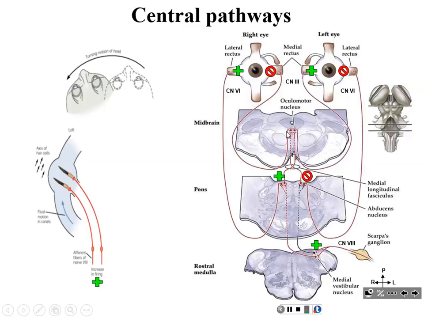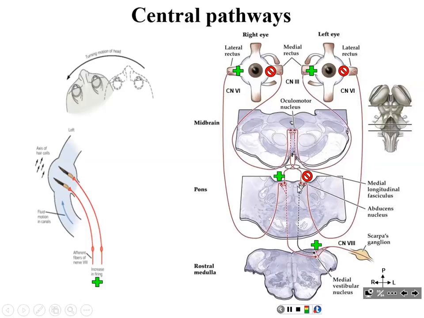Okay? This is the excitatory path, which excites the lateral rectus on the right eye, and through this pathway, the medial rectus on the left eye. Here is the inhibitory pathway.